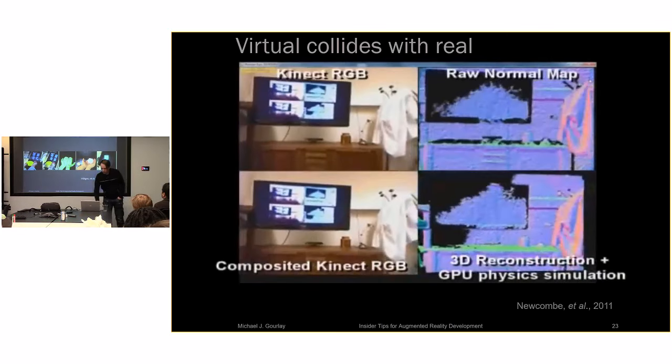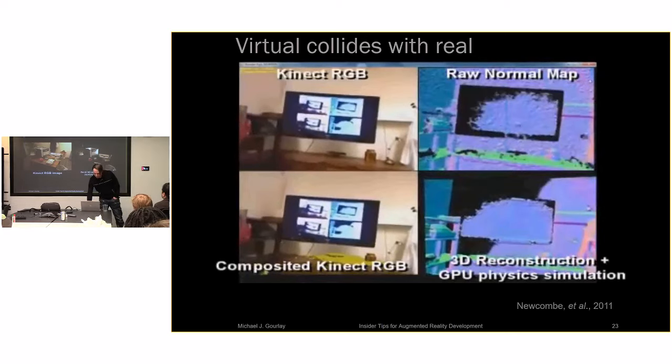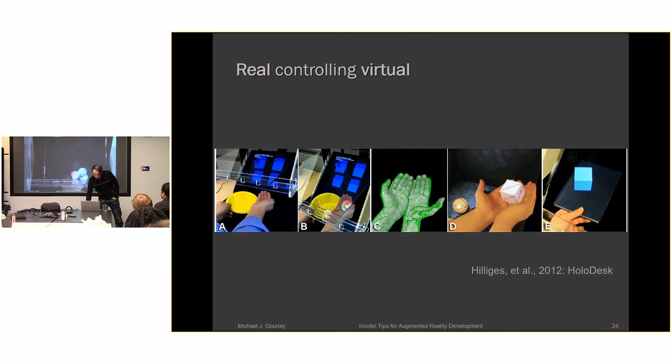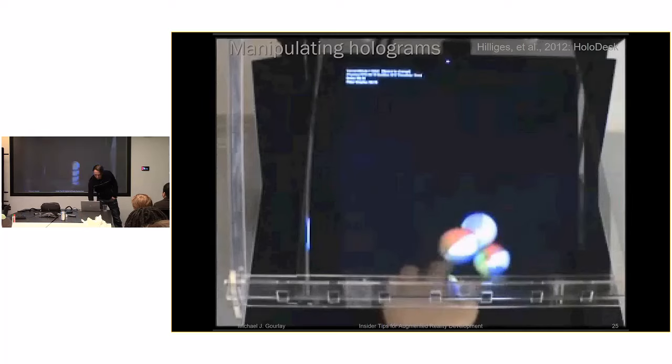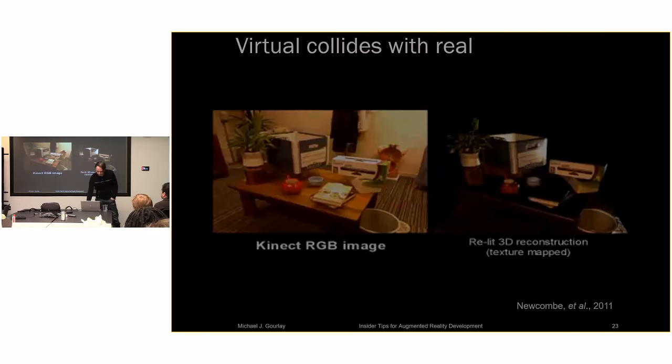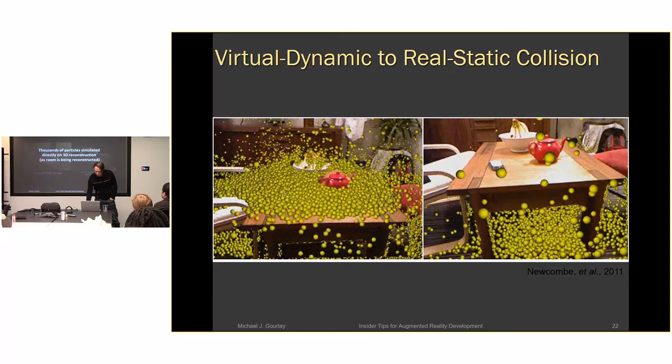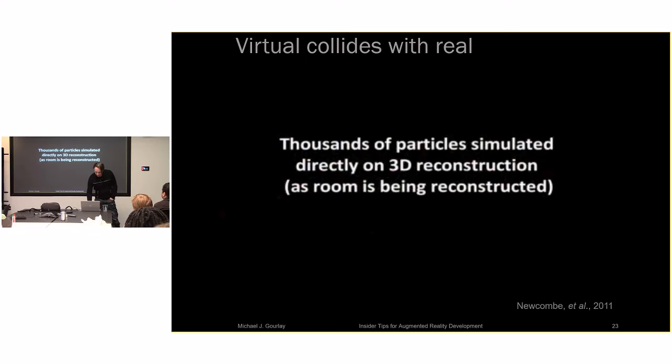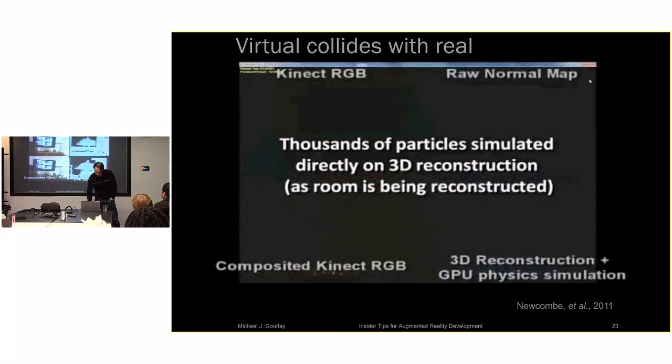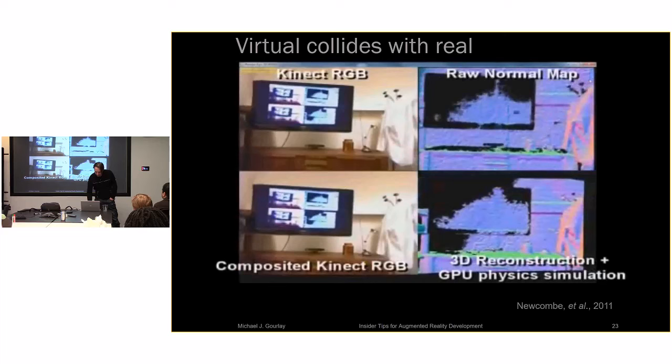So I'm going to pause this because the jitter is making me crazy. What's going on here? Okay, in the upper left corner is a live stream of a color camera, and the upper right is a normal map rendering of the scene, meaning of the surfaces.